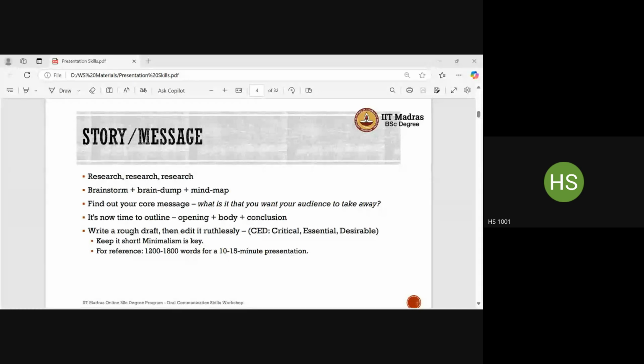Okay? So, this is the difference between critical information, essential information, and desirable information. All three are necessary to a presentation. When you are making the draft, make sure that you do not exceed your word limit.